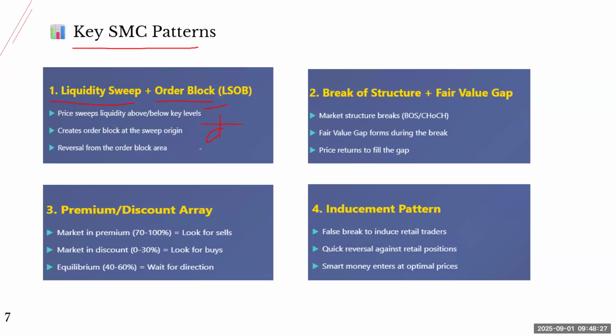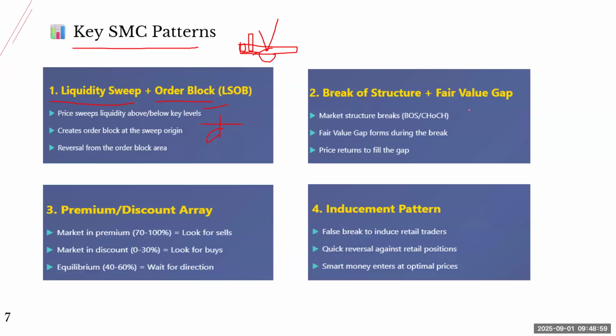Whenever you see the OB at, for example, the support level, you mark the zone. Whenever price comes back to the origin, you buy. Reversal from the order block area, which is this one. So this is your confirmation. Wait for price to pull back to the OB and then you buy.